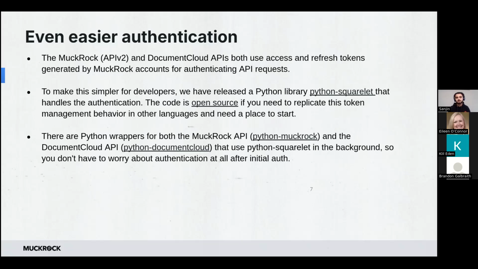Additionally, if you use any of the Python wrappers for our two APIs, they come integrated with Python Squarelet automatically. So if you're making a request with the MuckRock API using the Python MuckRock library, you don't have to worry about authentication. You authenticate once with your credentials, and then each request after that, the token handling is taken care of for you.